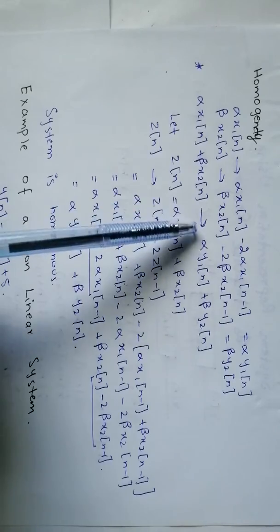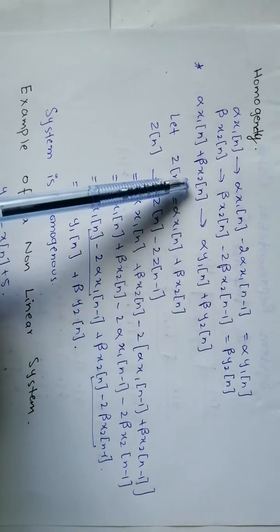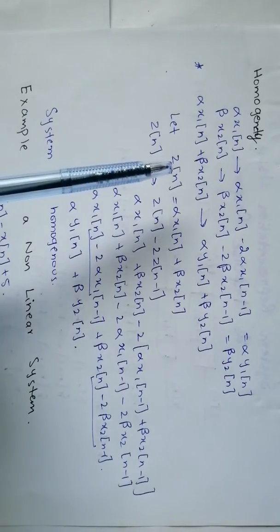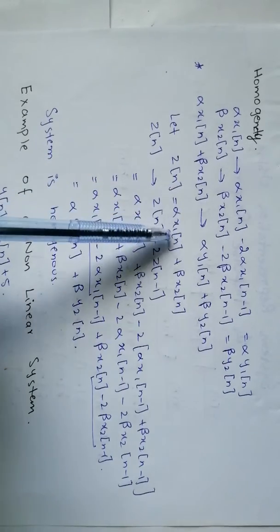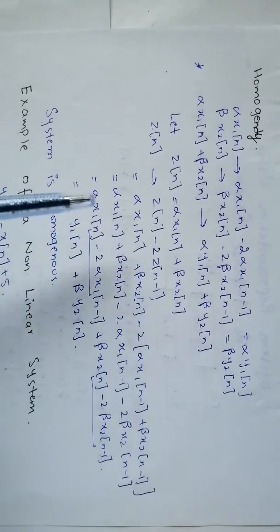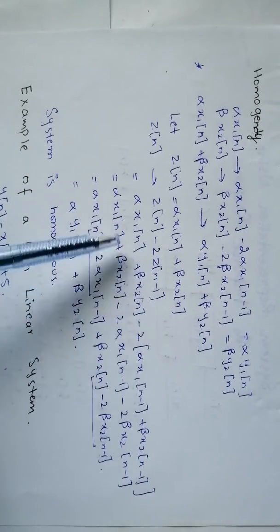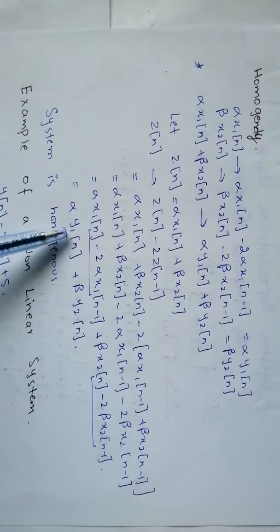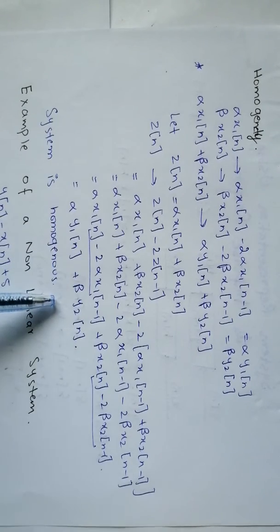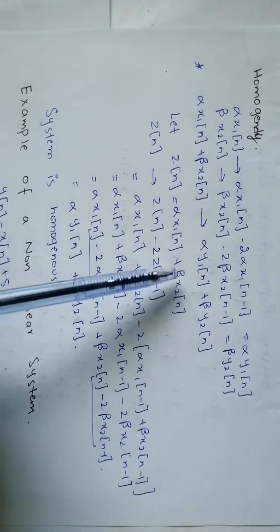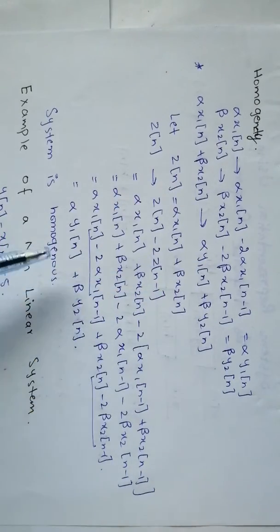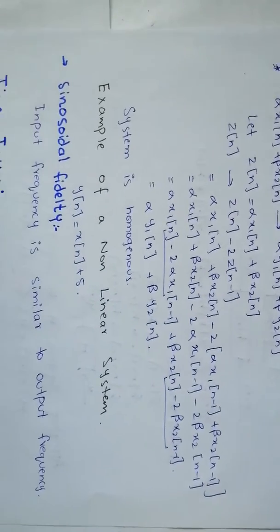Because we are proving homogeneity and additivity at the same time. Let's suppose z of n equals alpha x1 of n plus beta x2 of n. We did some calculations and proved that they are equal, that is, this is proved. So we can say the system is homogeneous and additive, and the system is linear.